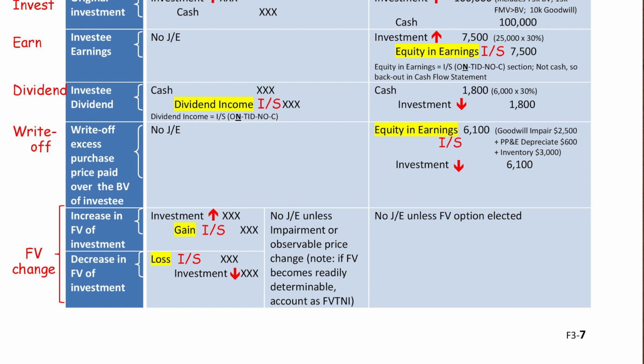Now, we've learned that when the investor has no influence over the investee and the fair value of those investees' equity securities is not readily determinable, for example, the investee is a private company, in that case, the exception rule kicks in, where the investor accounts for those investments in equity securities using cost, adjusted for any impairment losses as well as any observable price changes.